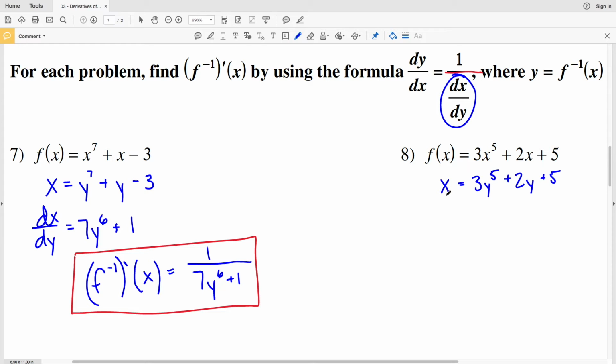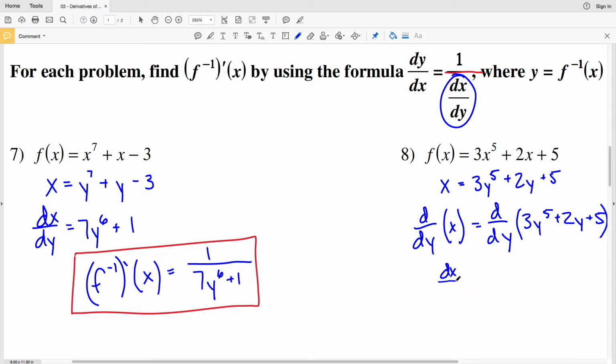So the derivative of x with respect to y, well, if we're taking the derivative of x with respect to y, essentially we're taking the derivative with respect to y of both sides. So dx/dy equals the derivative of 3y to the 5th. 5 will get multiplied to 3 to equal 15, and that's times y to the 5 minus 1, or y to the 4th. So in this case, we're differentiating with respect to y, so y is the variable to which we're applying our differentiation rules.